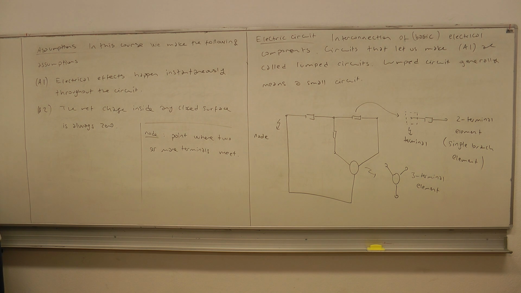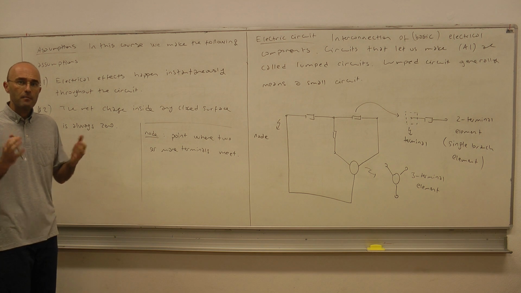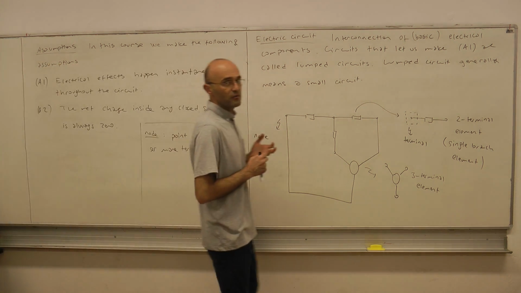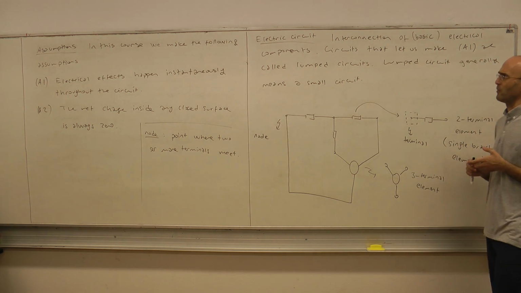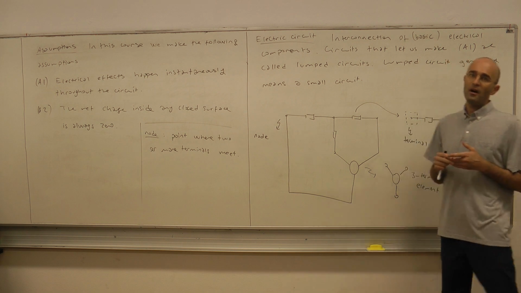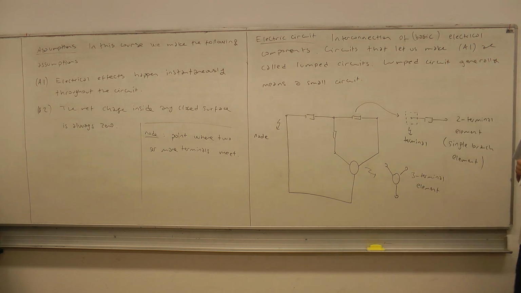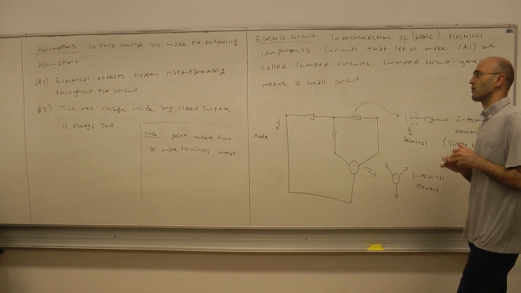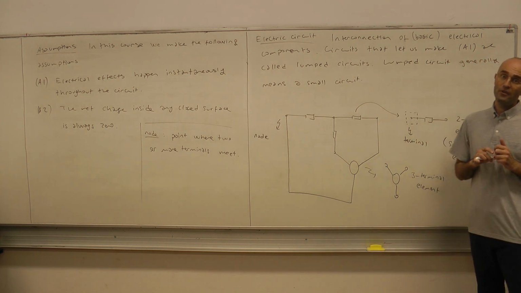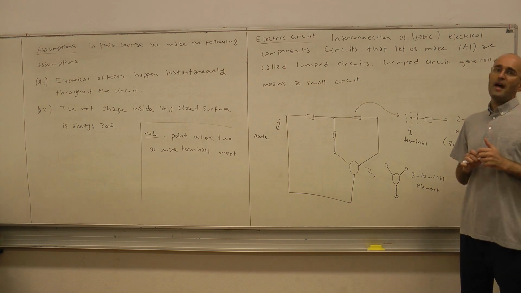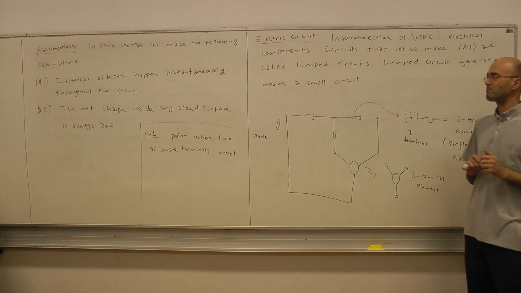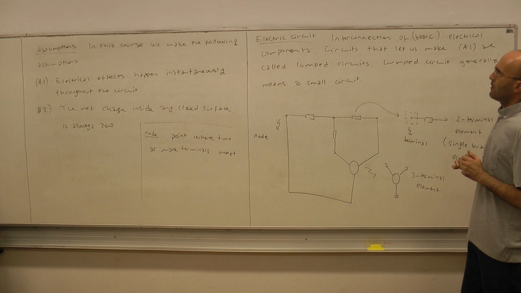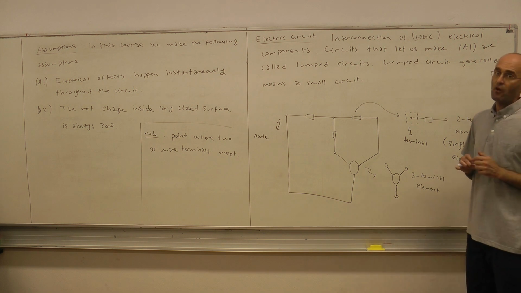So this is the end of our first lecture, in which we covered some very basic definitions. We started from charge, then we defined current, and we talked about voltage. We defined the power of an electrical component, which was simply the product of current and voltage of that component. We talked about passive sign convention and how we can interpret the sign of the power if you obey passive sign convention.